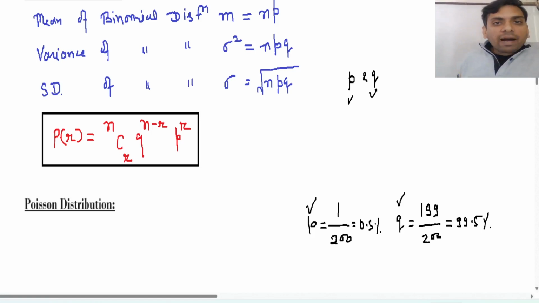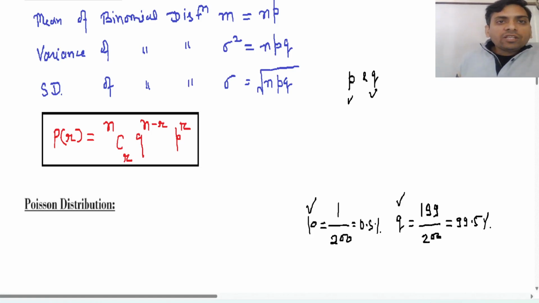So in binomial distribution, you are using both probability P and Q. In Poisson distribution, you are using only one probability. So what does variance become in case of Poisson distribution? If you use only one probability, not both P and Q, either P or Q, then variance becomes either NP or NQ.